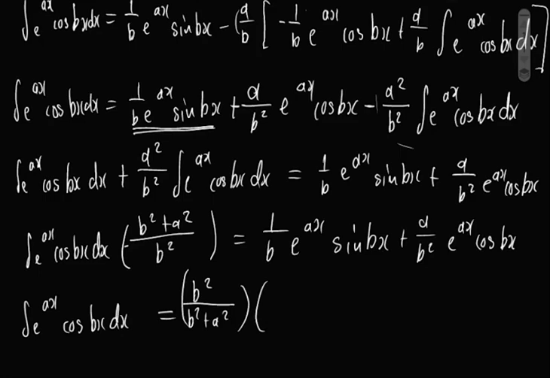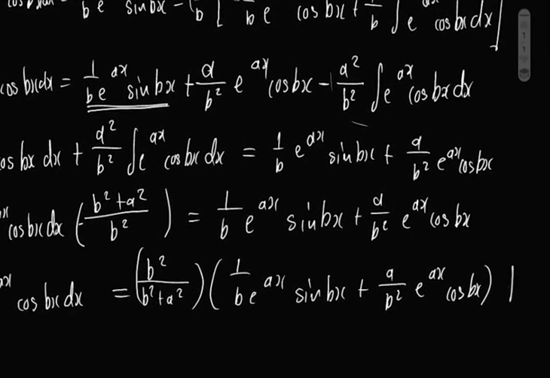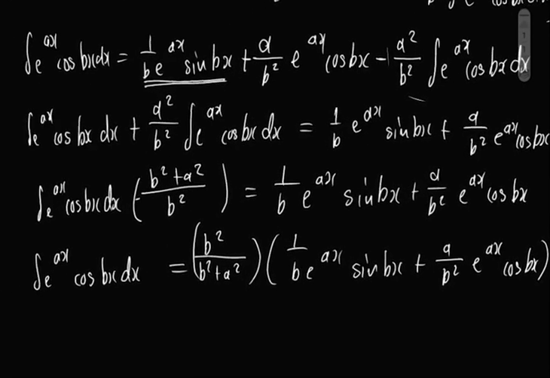So it's now multiplying 1 over b e to the ax sine bx plus a over b squared e to the ax cos bx. Let me write it properly there. And this is your solution, but remember at the end to add the constant of integration c.